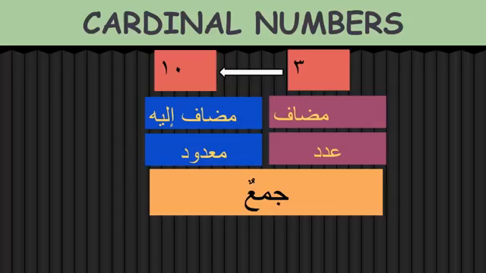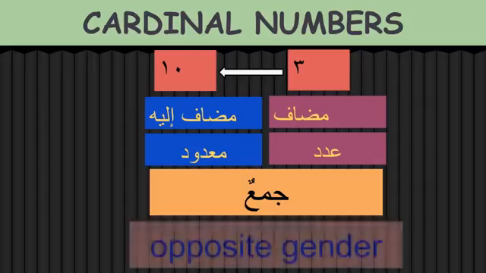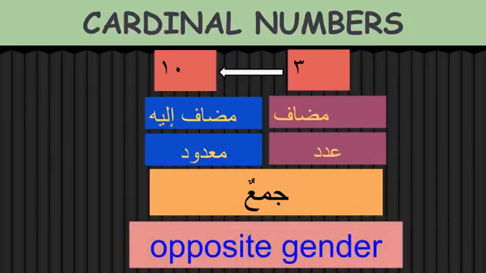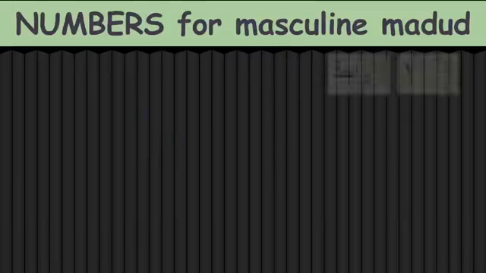So we say thalathatu aqlamin, khamsatu riyalatin, and they are in opposite gender. A masculine noun will have a feminine number with ta marbuta, and a feminine noun will have a masculine number without ta marbuta.